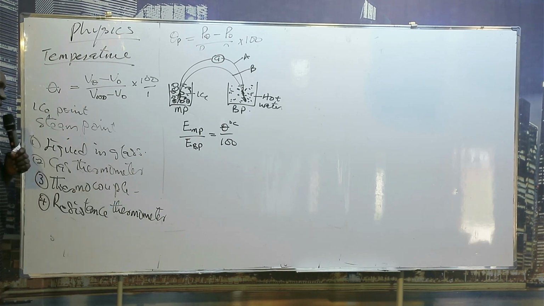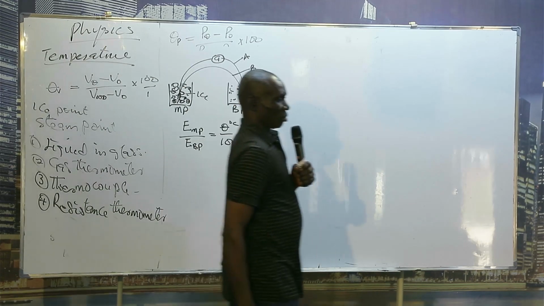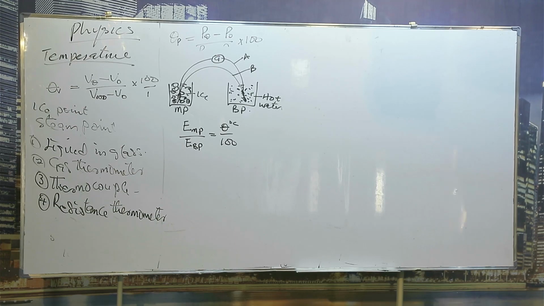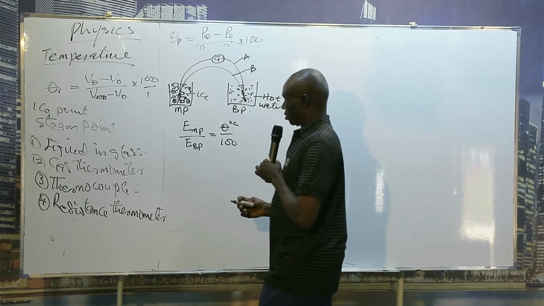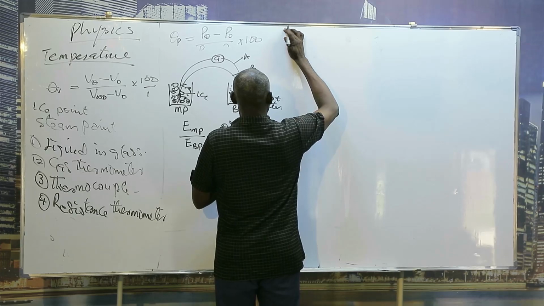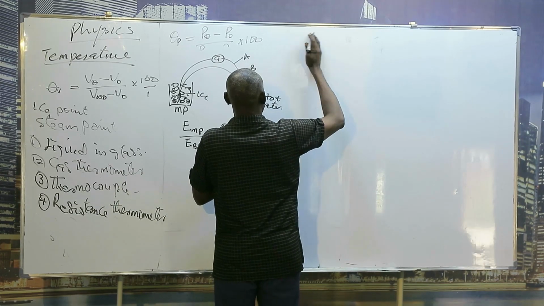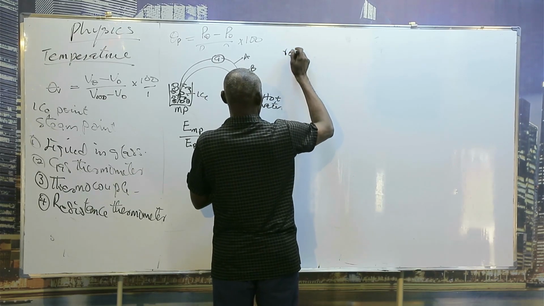So this is a type of thermometer used in electrical gadgets. The thermometric substance is resistance wire, but the property is resistance.